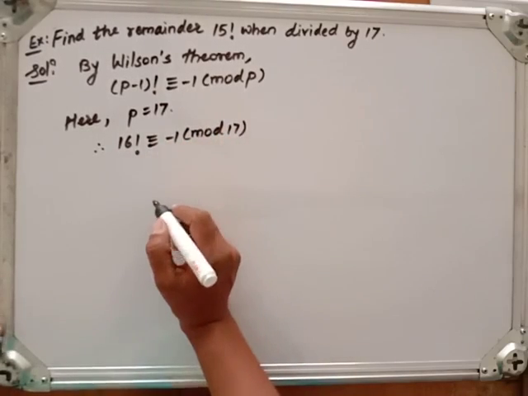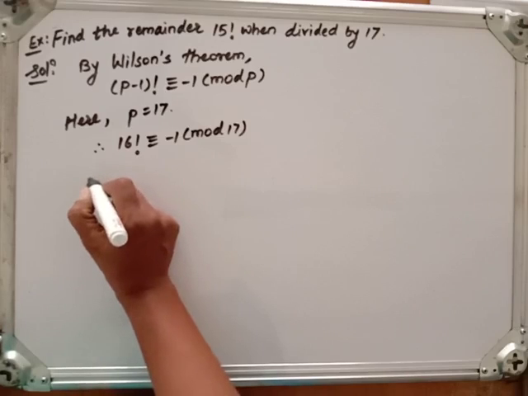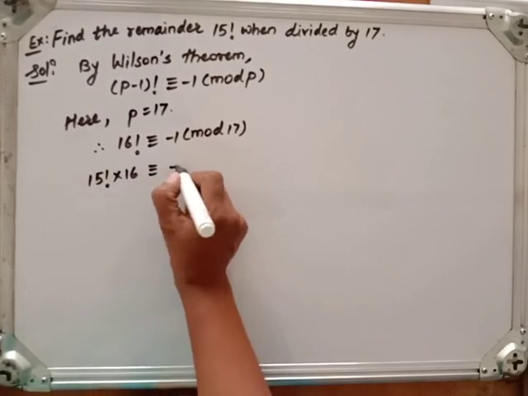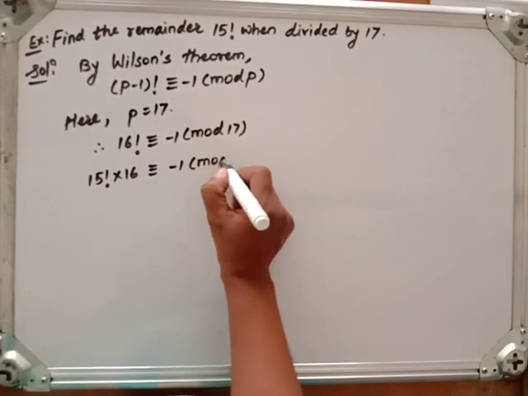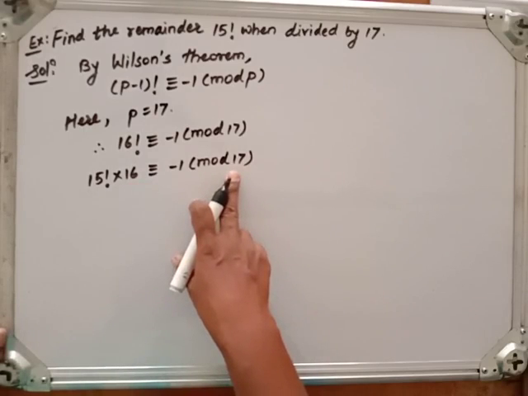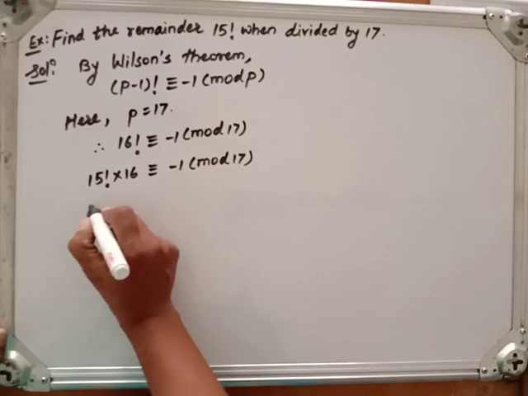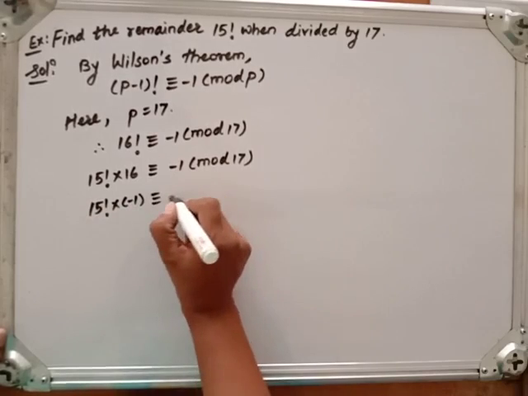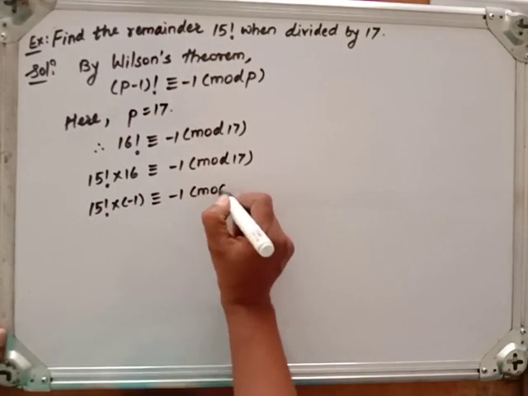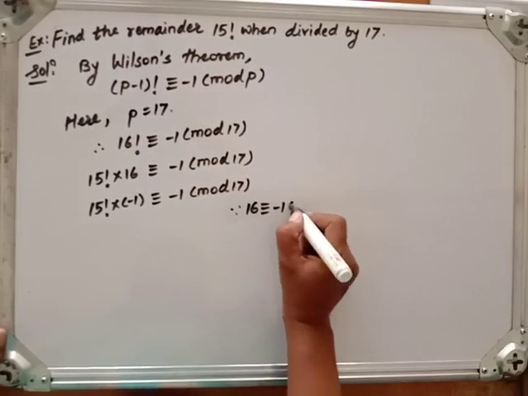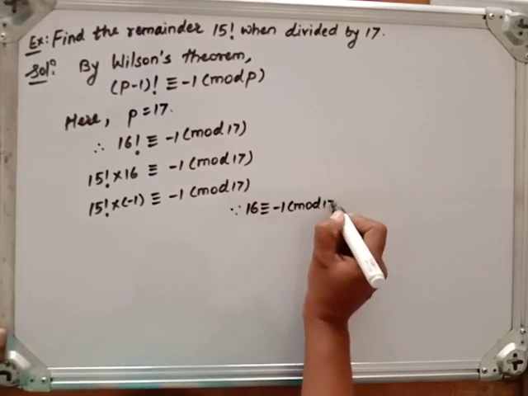Okay. So now 16 factorial can be written as 15 factorial times 16, which is congruent to minus 1 modulo 17. But 16 itself, the number itself, is congruent to what? Modulo 17, minus 1. So I can write here 15 factorial times minus 1 is congruent to minus 1 modulo 17, since 16 is congruent to minus 1 modulo 17.